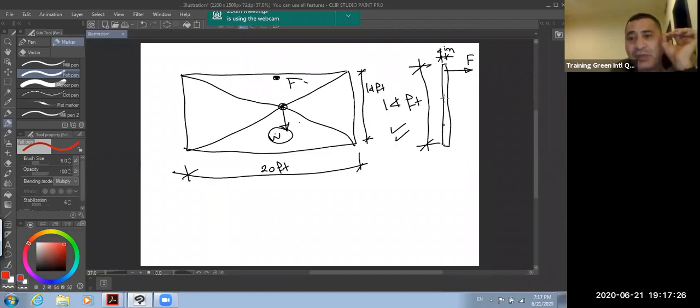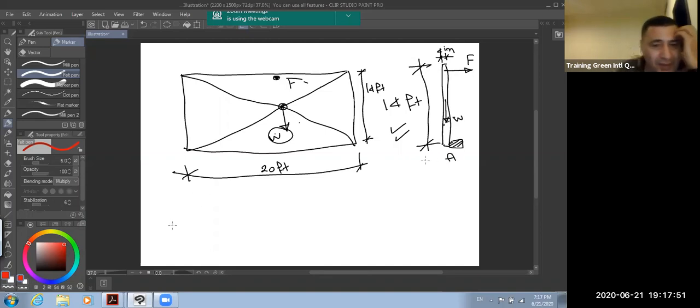That means the W is here, the weight of the panel itself. And here is the block. Assume now that if we move the wall, it will overturn at this point A.